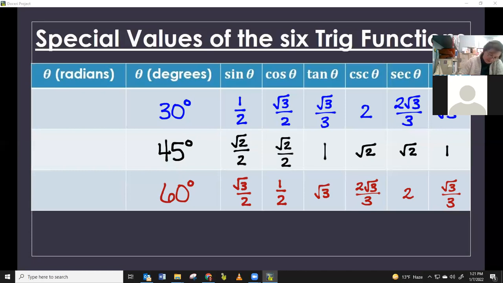Pi over 6. 45 degrees is what in radians? Pi over 4. And 60 degrees?